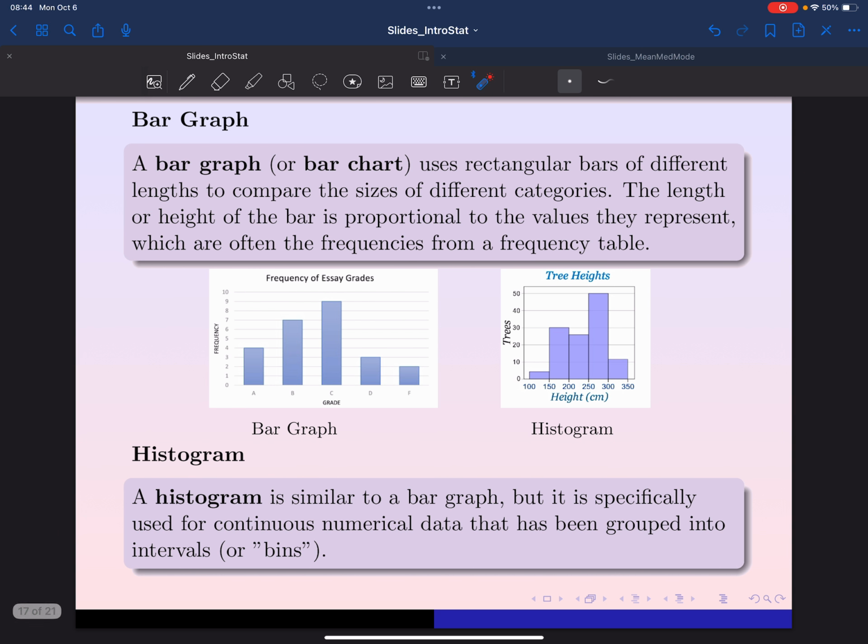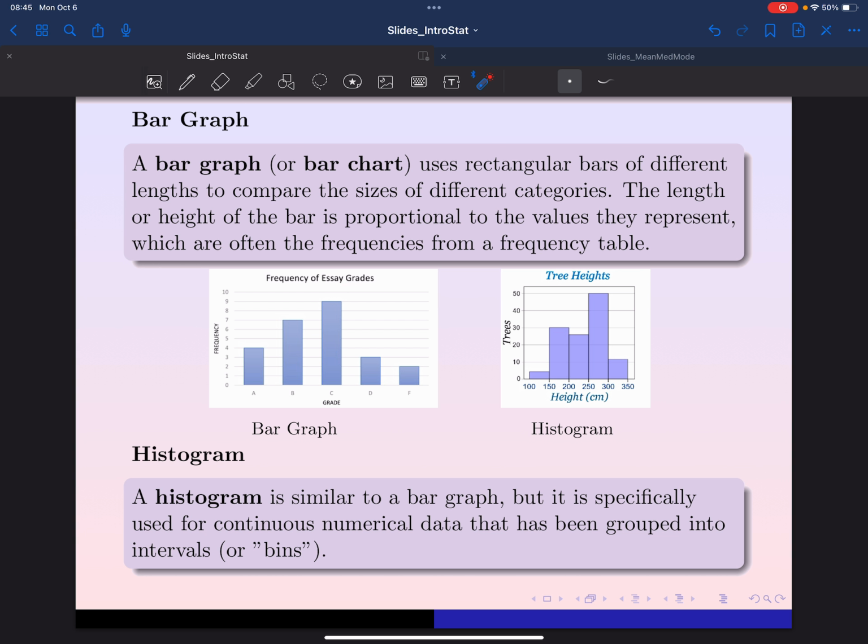Now we have a bar graph, or bar chart, which uses rectangular bars of different lengths to compare the size of the different categories. The length or height of the bar is proportional to the value it represents, which are often the frequencies from the frequency table. So for example, here we have the frequency of essay grades.